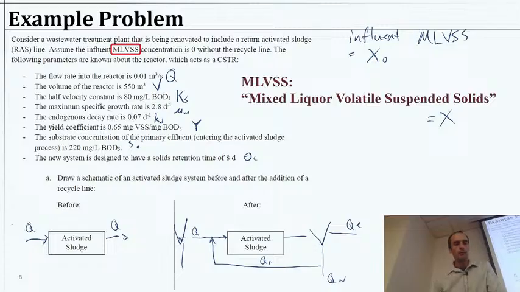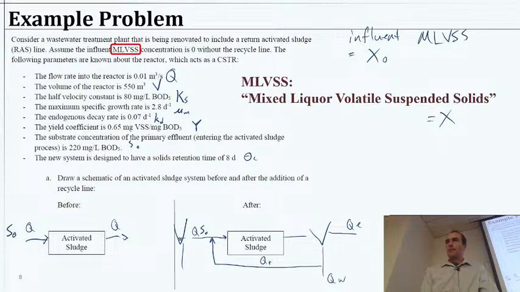So in both cases, we have some effluent from a primary treatment coming into our activated sludge, in which case maybe it does make sense to draw a little primary treatment or just consider it as primary effluent. Okay, and then the solids retention time, we just talked about that a couple minutes ago. That should be theta C.